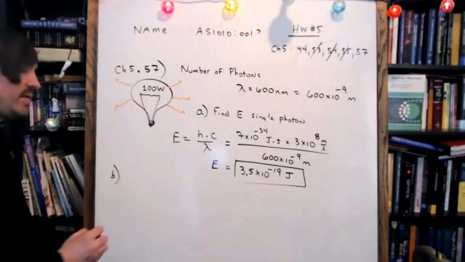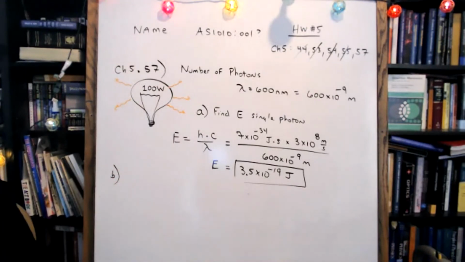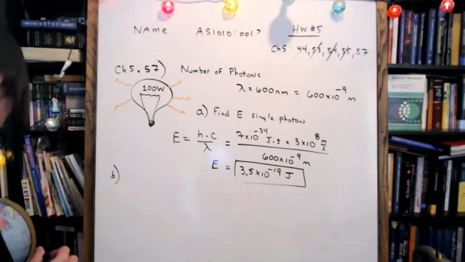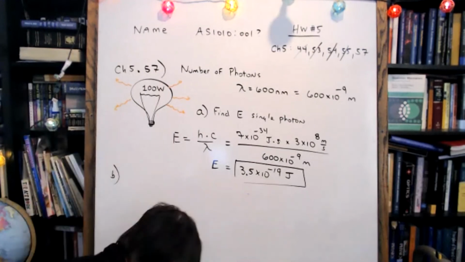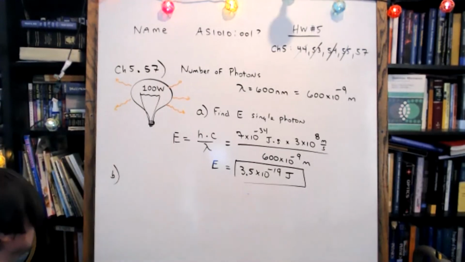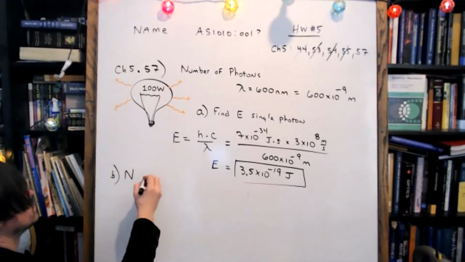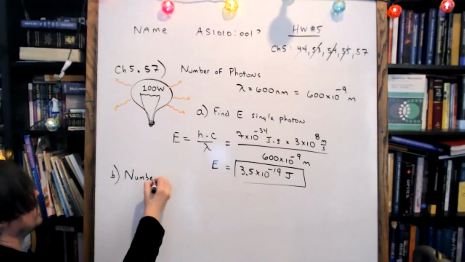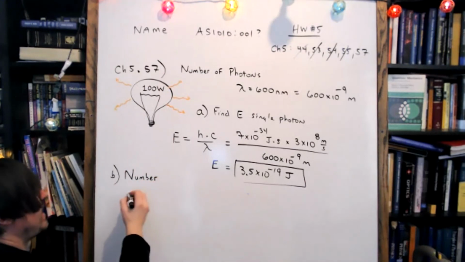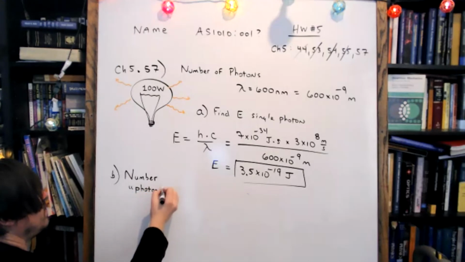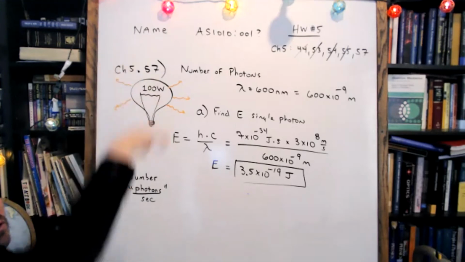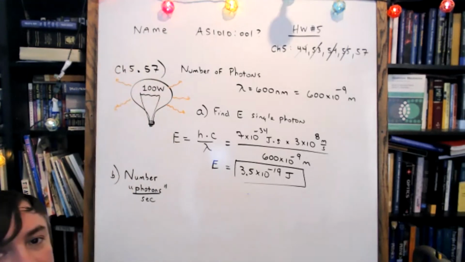Okay, Nori, what's part B say? How many 600 nm photons would have to be emitted each second to account for all the light from this 100-watt light bulb? They're asking you to calculate a number of photons per second emitted in all directions from that light bulb.